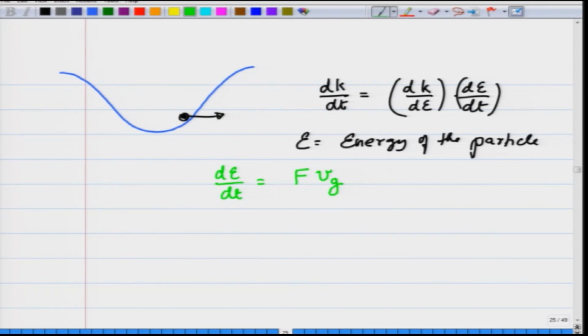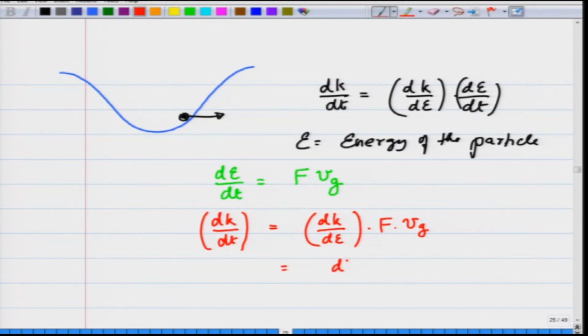Therefore, dk dt, I am again writing everything in 1D, which can be easily generalized to 3D, but 1D is easy to visualize, is dk dE times the force applied times V group, and V group is F times dE dk 1 over h cross.